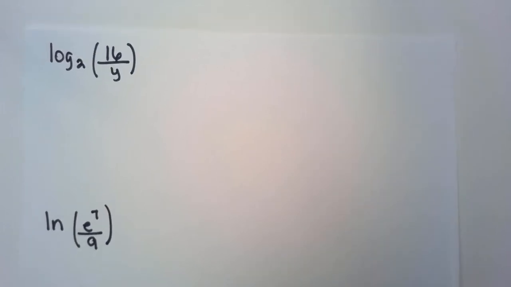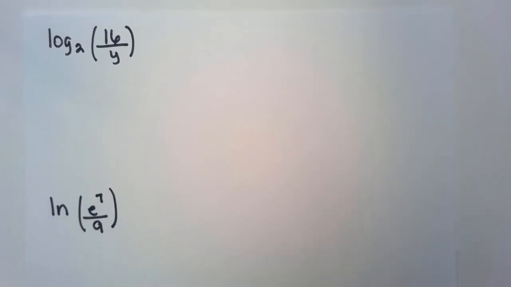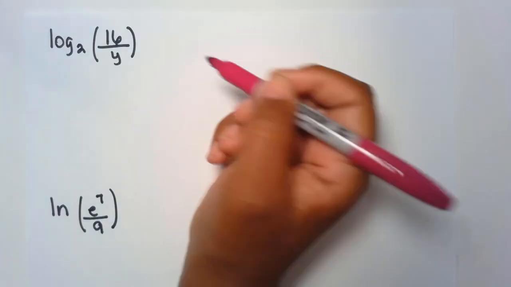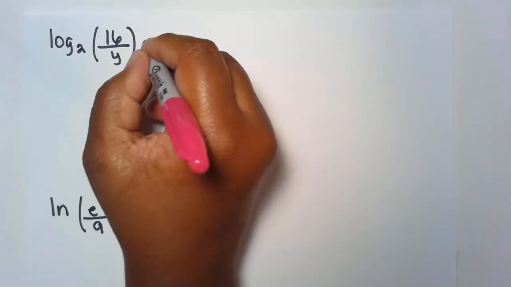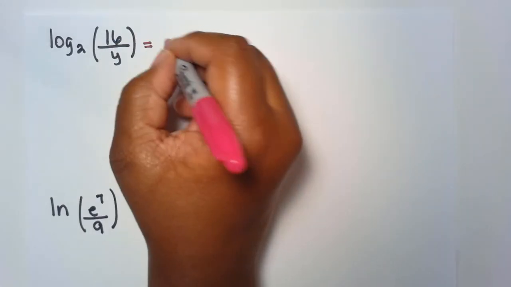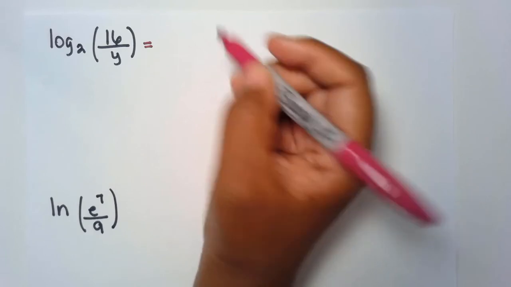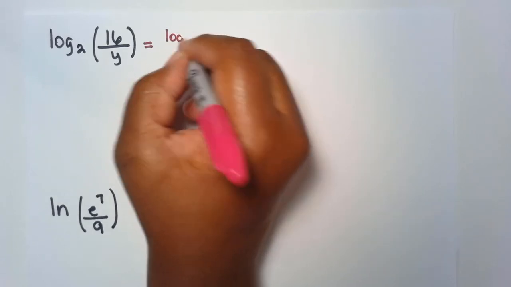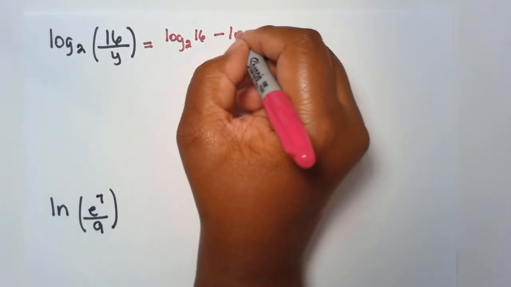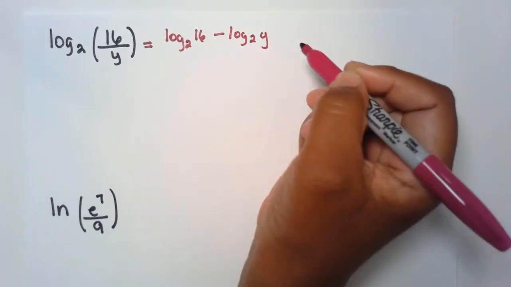Okay, so here we have log base 2 of 16 over y, similar to the last example where we have a quotient, meaning we're going to subtract the logs as we expand this out. We have log base 2 of 16 minus log base 2 of y.